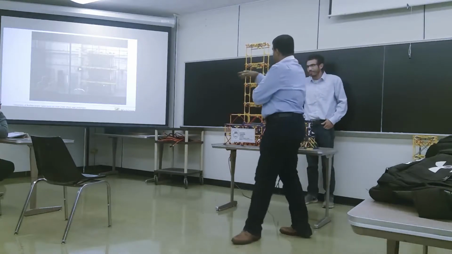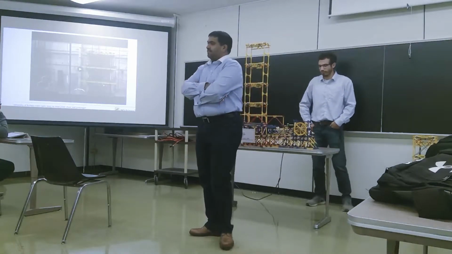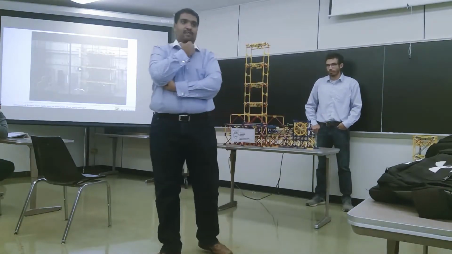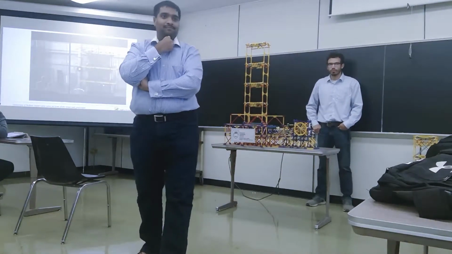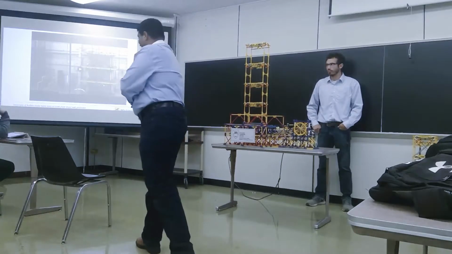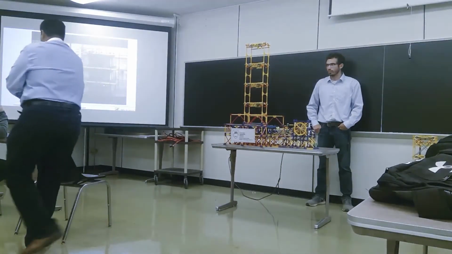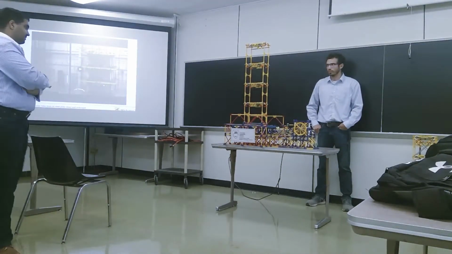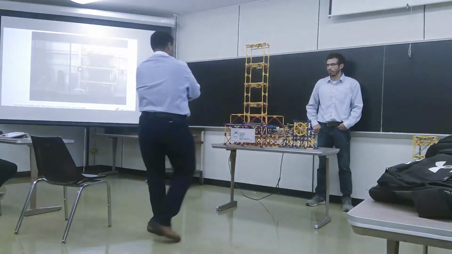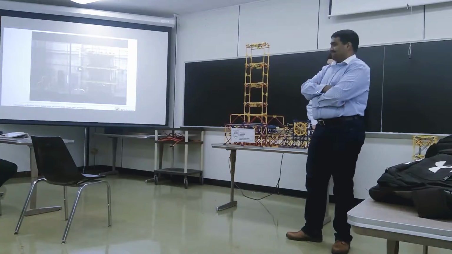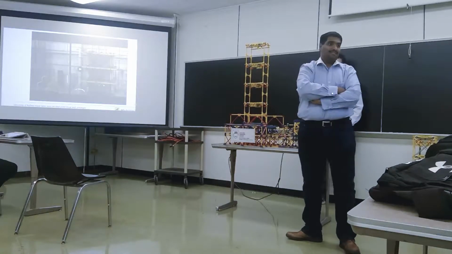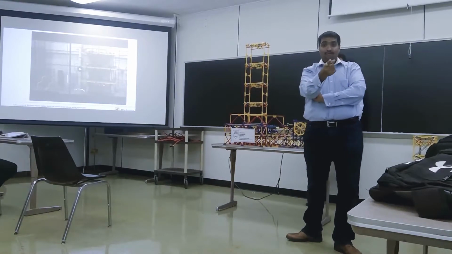So in this, how many degrees of freedom are we actually, let's say if you have a simplified model? 6? You want to explain the 6 degrees of freedom number? Anyone? Come on. I'd say 4. How many? 4.